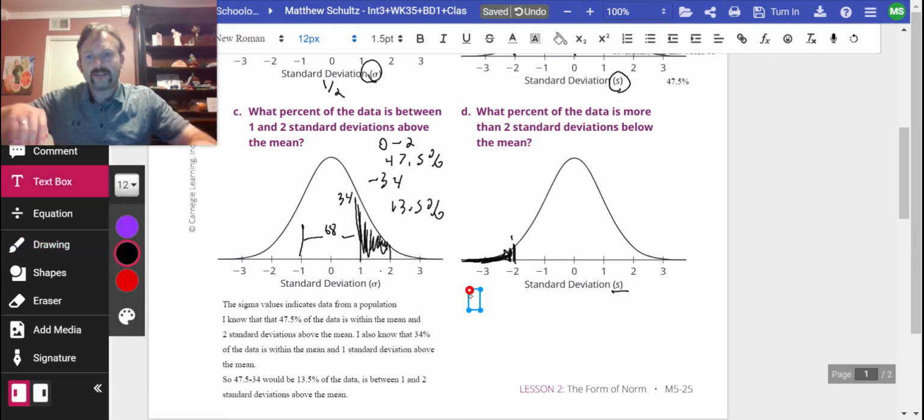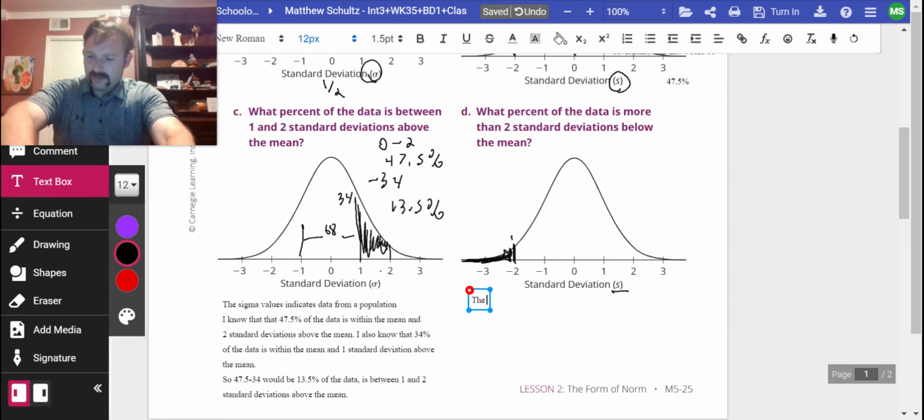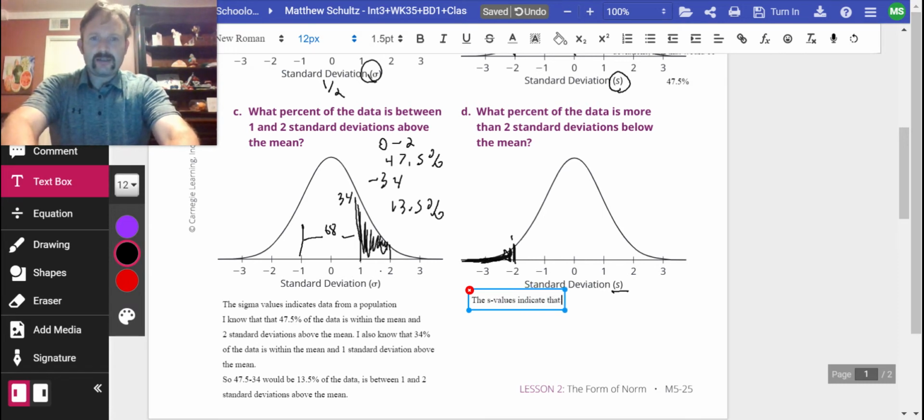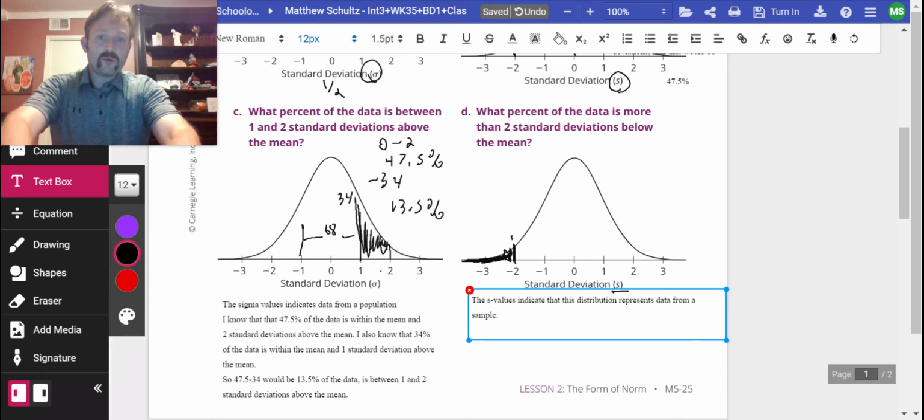I know that the S values indicate that this distribution represents data from a sample. Furthermore, I know that 50% of the data is below the mean.